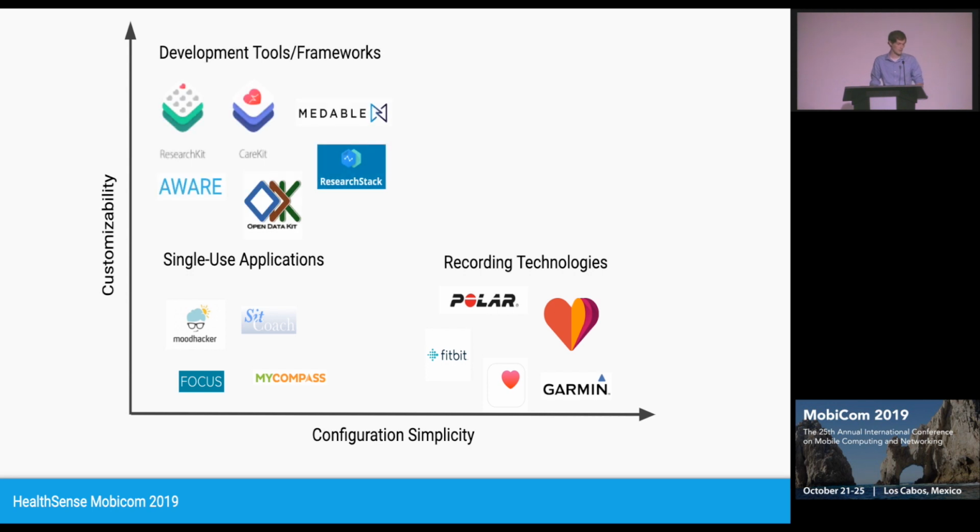In the upper left-hand corner, we have high customizability tools and frameworks with low configuration simplicity. So you can use these tools and frameworks to build any sort of trial design type or hypothesis, but they require advanced technical knowledge. So what clinical researchers need is a platform that is high in configuration simplicity, but also very customizable in that it can implement any trial design type.